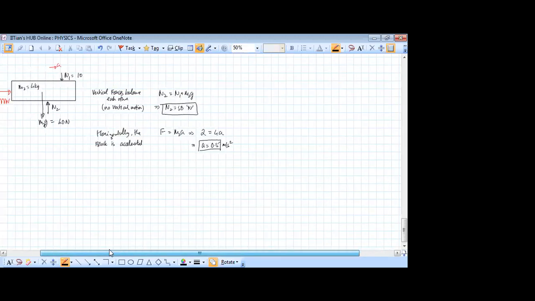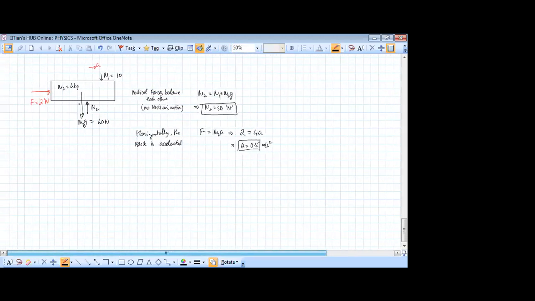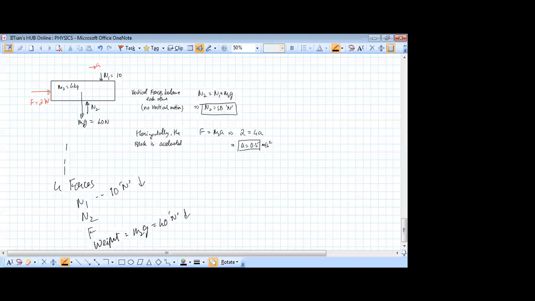So on the lower block there are 4 forces acting: N1, N2, F, and weight. That weight is m2g, that's 40 newtons. N1 is equal to 10 newtons acting on it downwards. Weight is acting downwards.